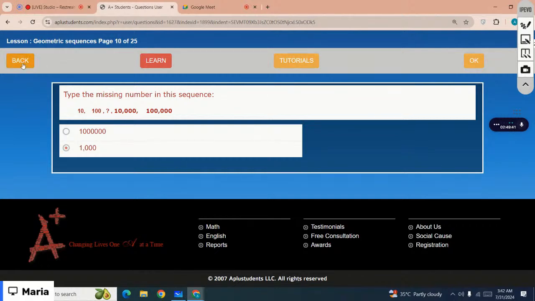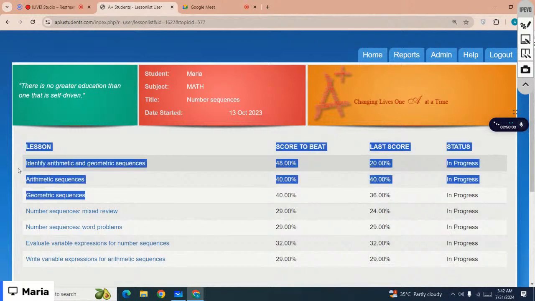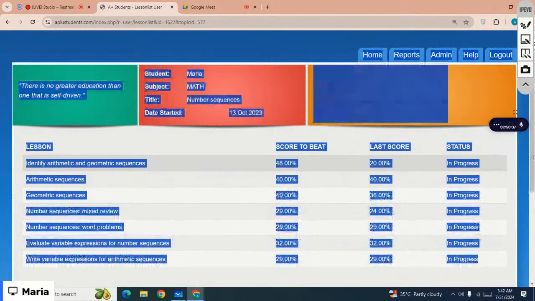Okay, you can complete the lesson by yourself later today. So we were working on grade 7 math. The chapter we're working on is number sequences, and the lessons we have covered today are identify arithmetic and geometric sequences, then arithmetic sequences and then geometric sequences.